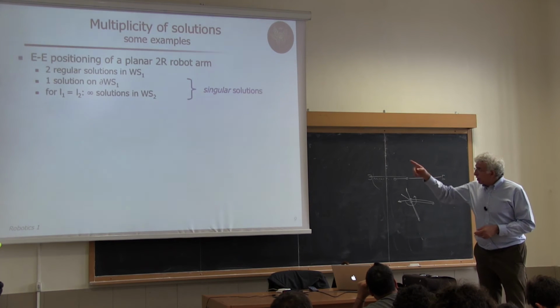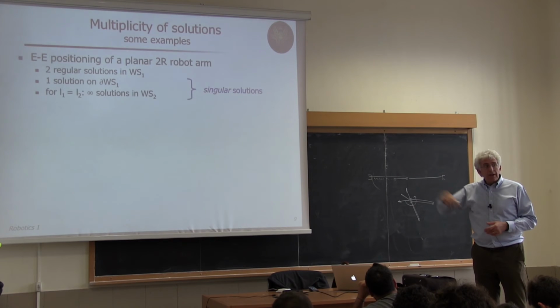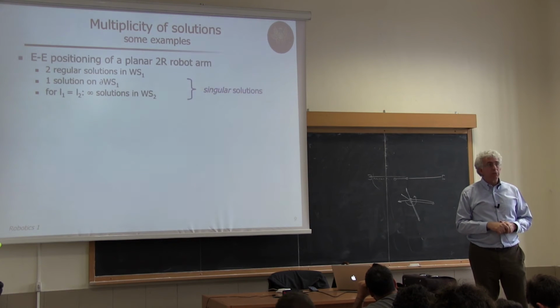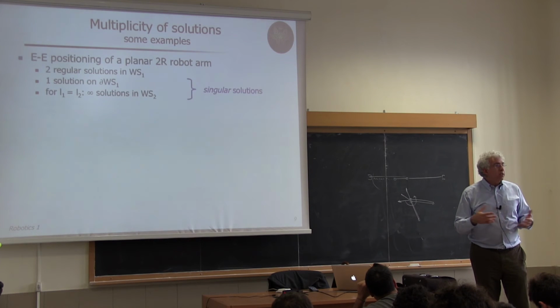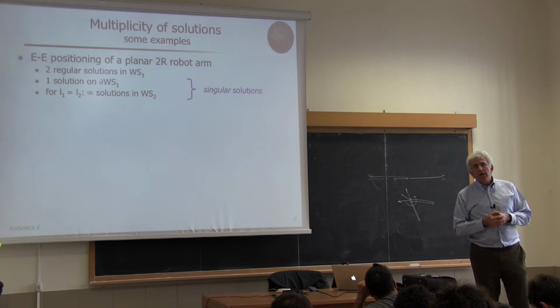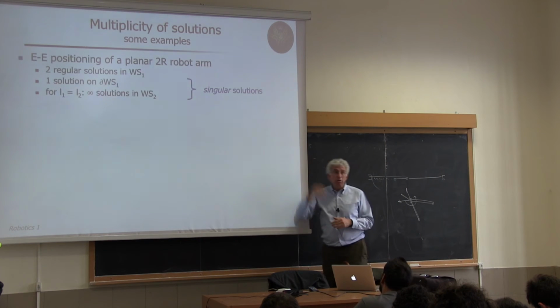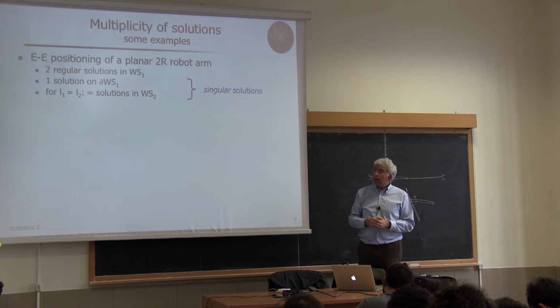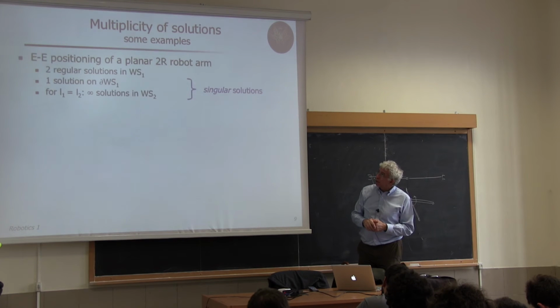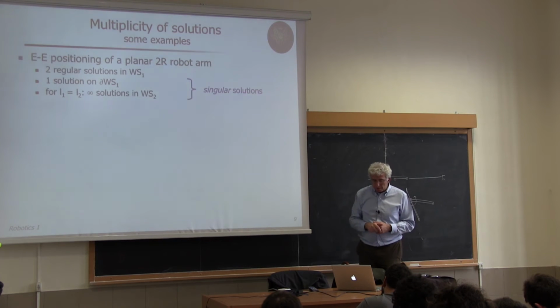And there are configurations exactly when you have a number of solutions which is different from the regular one. In that configuration, the Jacobian becomes a singular matrix. And this is why those configurations are called singular, and singular solution when you're trying to solve with this configuration some inverse kinematic problem.